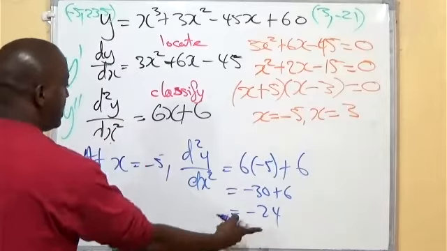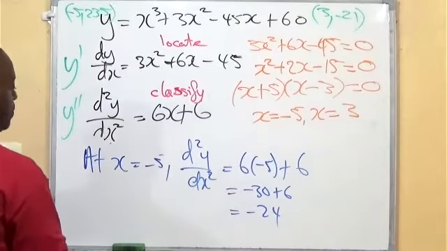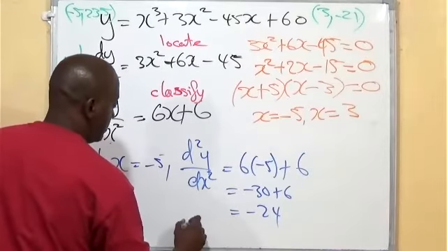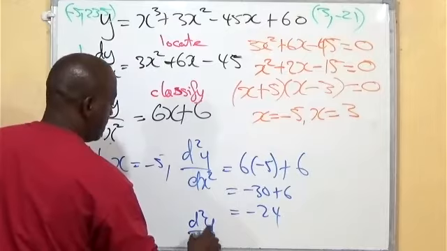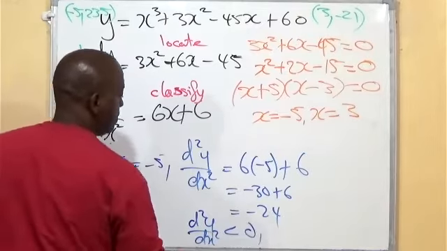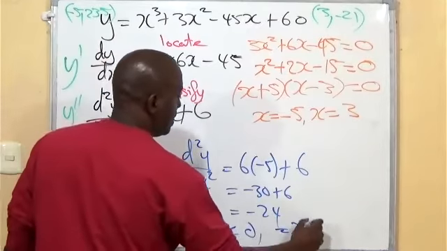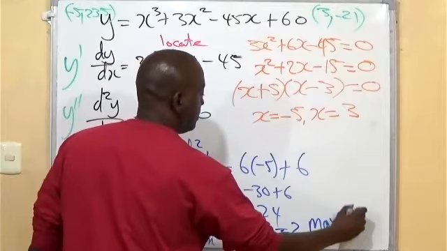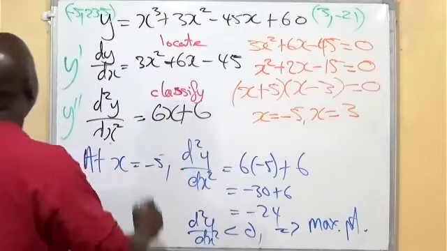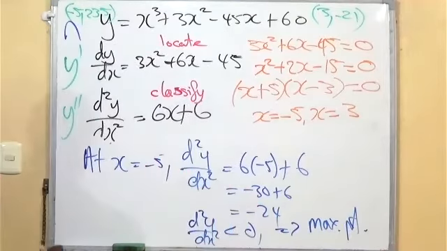All right, and since this is negative, so you say d2y dx squared is less than 0. So that means that you have a maximum point. All right, so this is a maximum point.